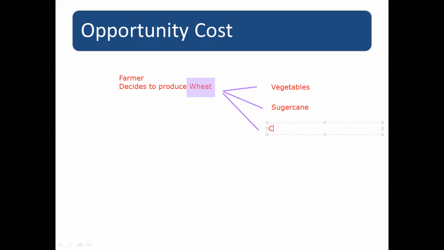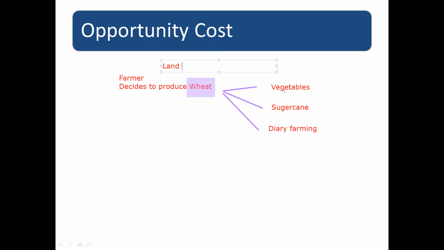You can say you could use some dairy farming on the piece of land because the land is a limiting factor. Land being the limiting factor, because he decides to use land for wheat.